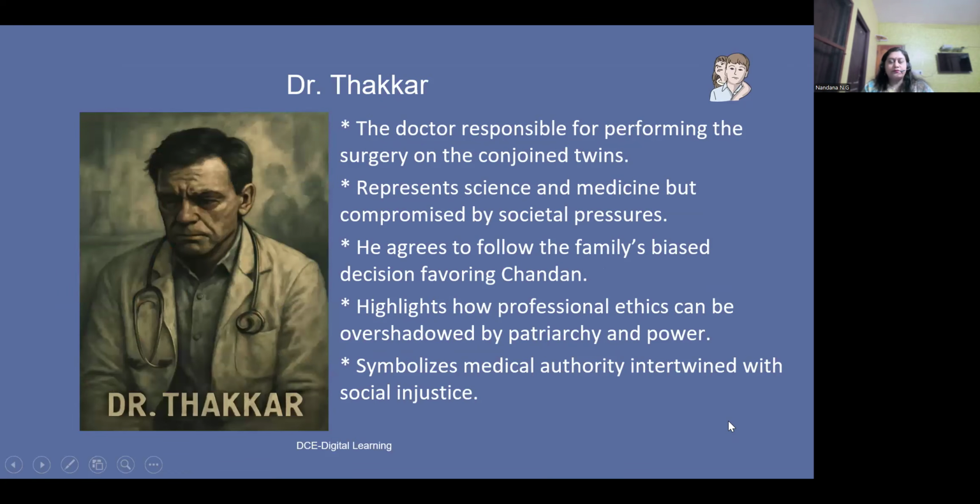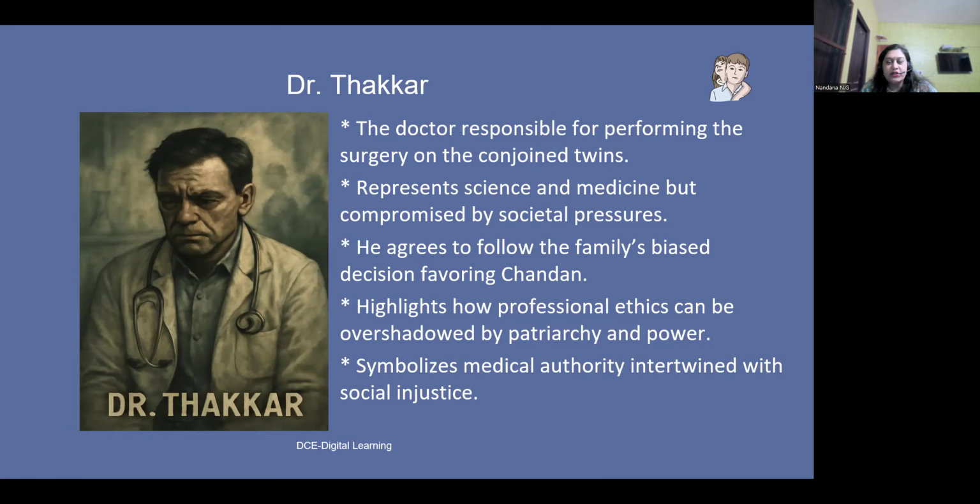Dr. Tucker, the doctor responsible for performing the surgery on the conjoined twins, represents science and medicine, but he is compromised by societal pressures. He agrees to follow the family's biased decision favoring Chandan because he has been given a very lucrative offer by Bharati's father, maybe some land, gold, etc. And he falls for that against the principles of science.